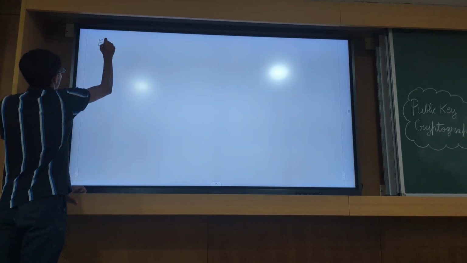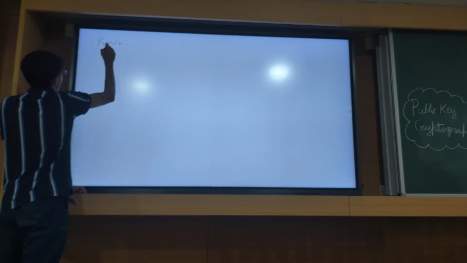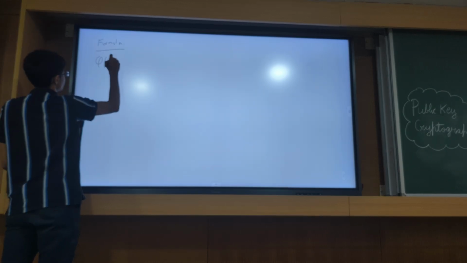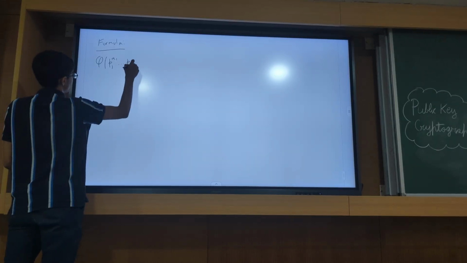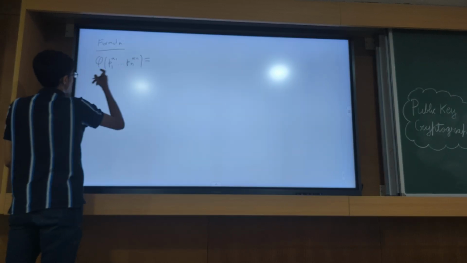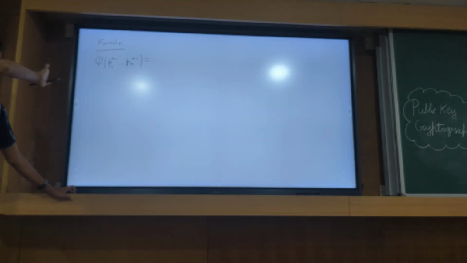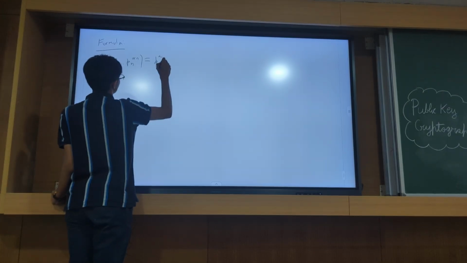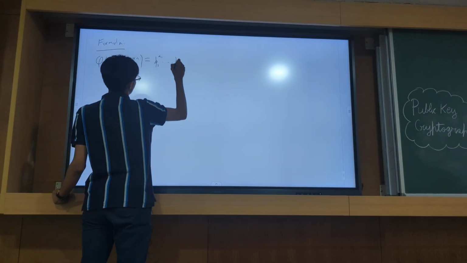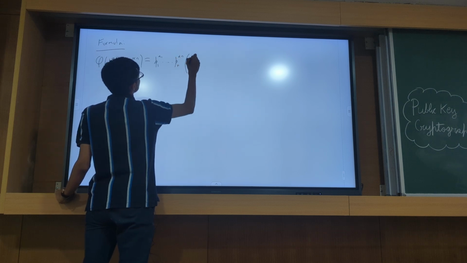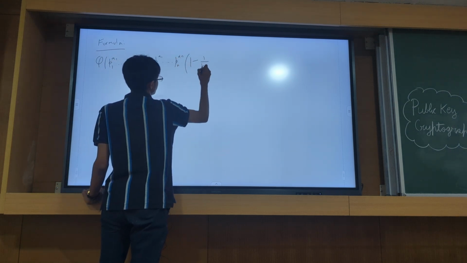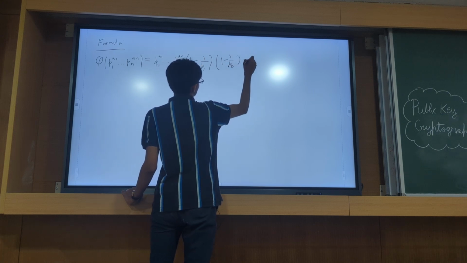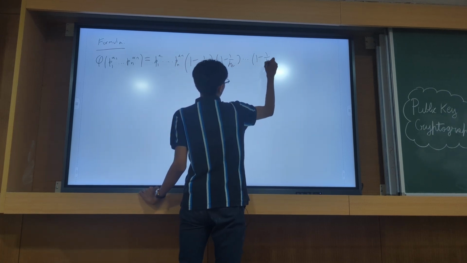So say you want to calculate the value of phi of p1 to the alpha 1 through pn to the alpha n, where these are all distinct primes. This is nothing but p1 to the alpha 1 times through pn to the alpha n, times 1 minus 1 by p1, times 1 minus 1 by p2, up to 1 minus 1 by pn.